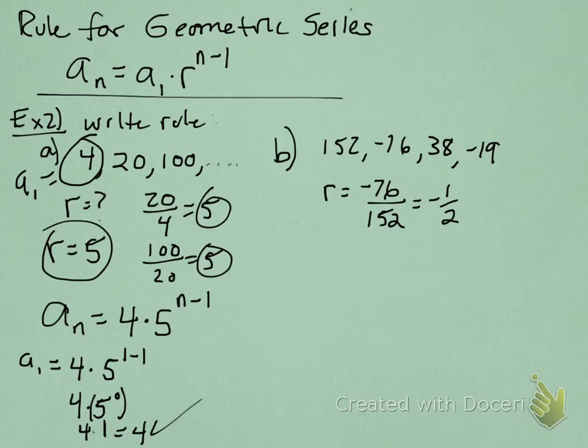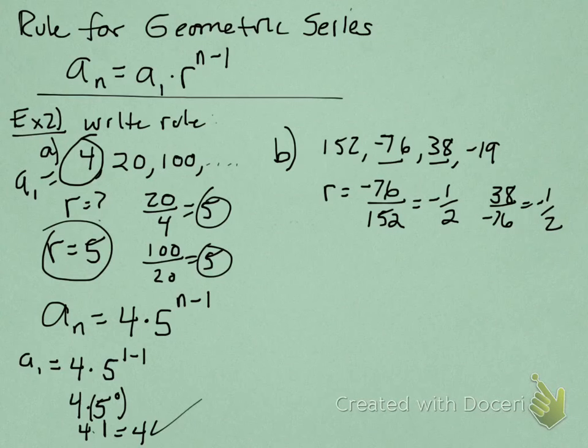If it tells you it's a geometric sequence, you can stop just by doing that. If you're not sure if it's geometric, you should probably continue to divide consecutive terms, like 38 divided by negative 76. That reduces also to negative 1/2.